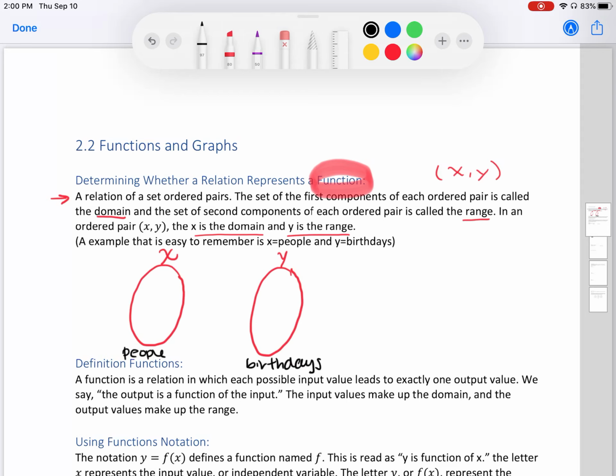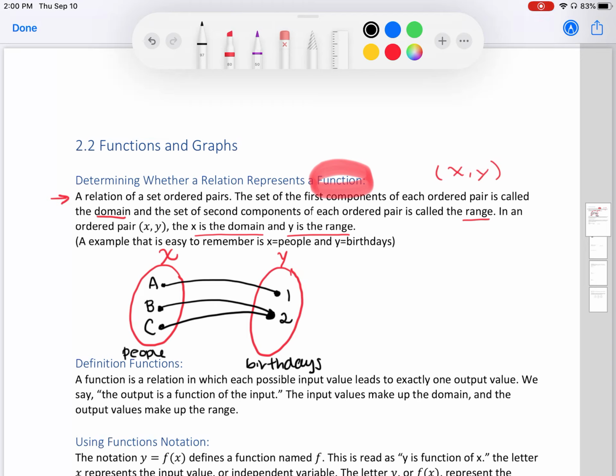Say person A has a birthday, their birthday is the 1st of January. Person B has a birthday, the 2nd of January. And person C has a birthday, and cool, it has the same birthday as person B, the 2nd of January.